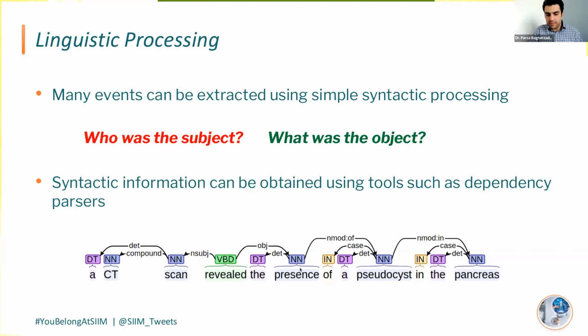The presence of something. So the question that we are answering here is who did what to whom. These triples, these structures, can provide much information for us without any training data, just by relying on linguistic processing and the language information.